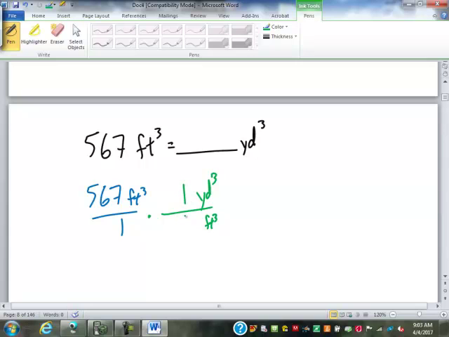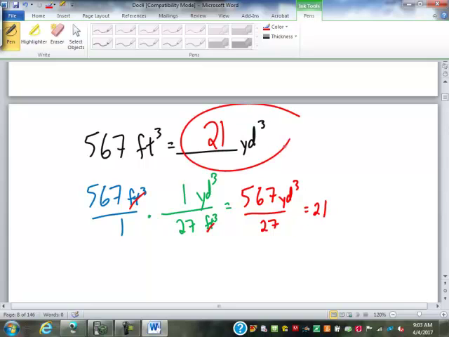Now 1 cubic yard is how many cubic feet? 27. You got it, it's cubed, so 3 cubed, 27. So the cubic feet are gone. 567 cubic yards over 27, which is 21 cubic yards.